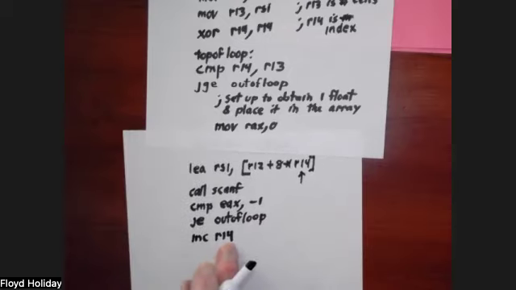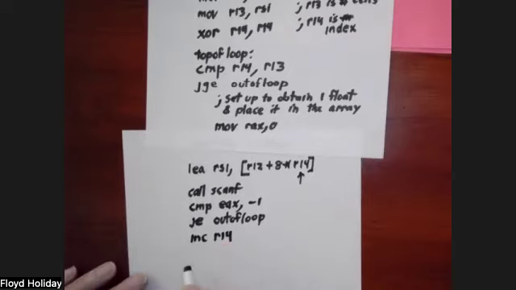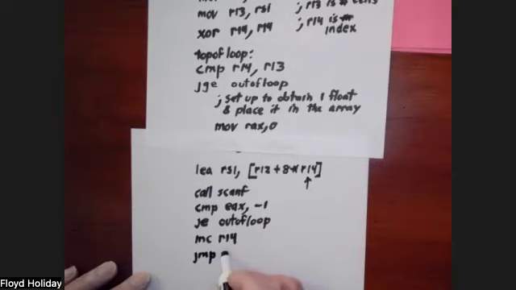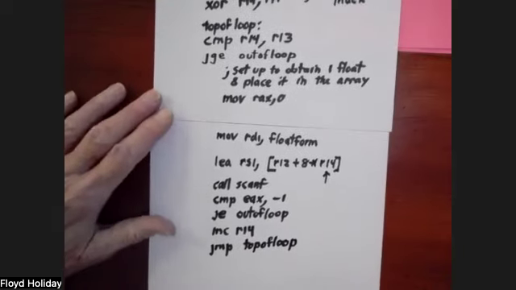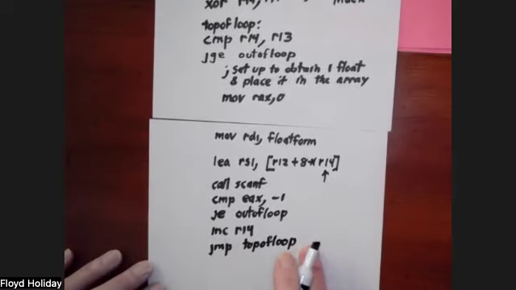Okay, so after that, we do a JMP top of loop. Looks like that. And then loop, that's the bottom of the loop there.